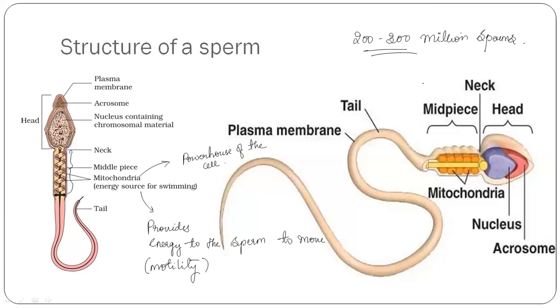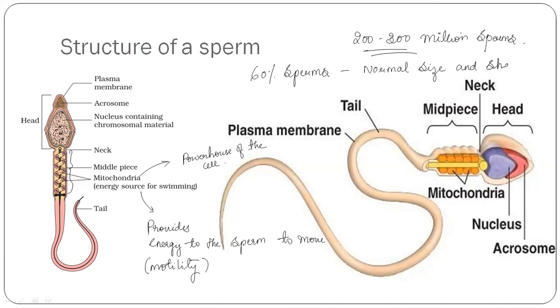For normal fertility, at least 60% of sperm must have a normal size and shape, and at least 40% of them must show vigorous motility. Among the 100%, 60% of the sperm must have normal size and shape.